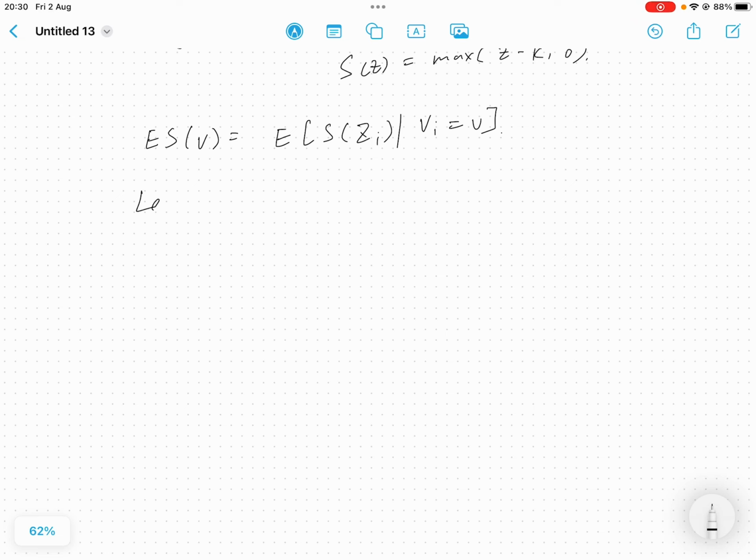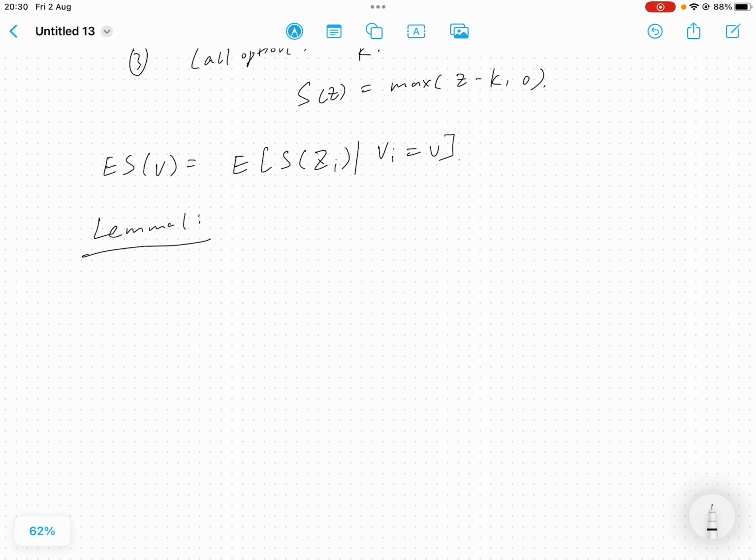In lemma 1, they mention some pretty fundamental results. The value of the security, E_S(V), is twice differentiable.